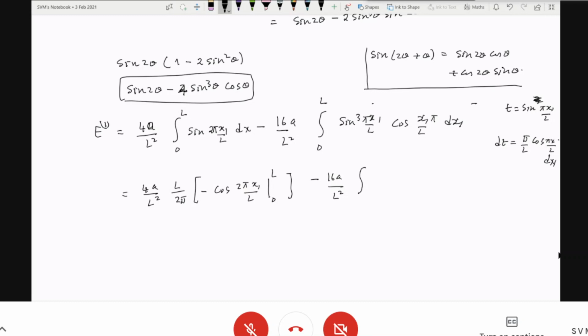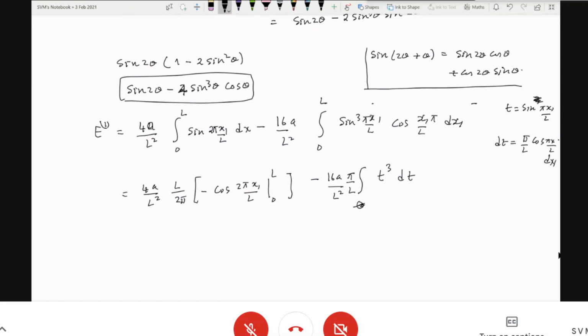And of course, we have to worry about the limits: 0 is 0 and L gives sine pi, and sine pi is also 0. Let's keep it like that. Then we have t cube into dt. Of course, there will be a pi by L, right?